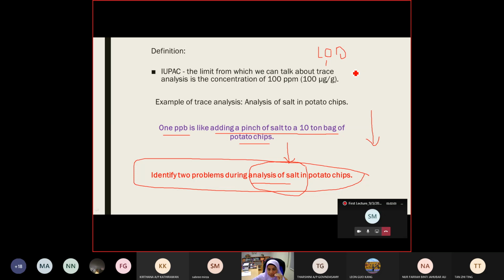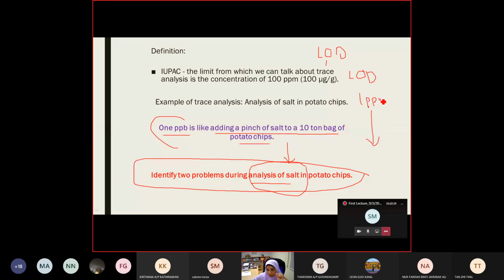Each instrument has a limit of detection. As Sabri said just now, in this case the instrument doesn't have the ability to detect the salt at 1 ppb. Let's say the limit of detection of this instrument is only 1 ppm.